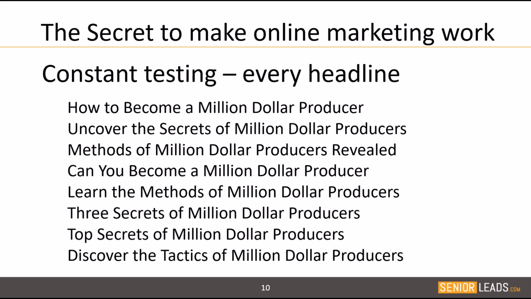Top secrets of $1 million producers. Discover the tactics of $1 million producers. As you see, it's easy to generate hundreds and hundreds of headlines, and that's what you need to do because you don't know which headline is going to have the best result. The only way to know is, as it says here, constant testing.